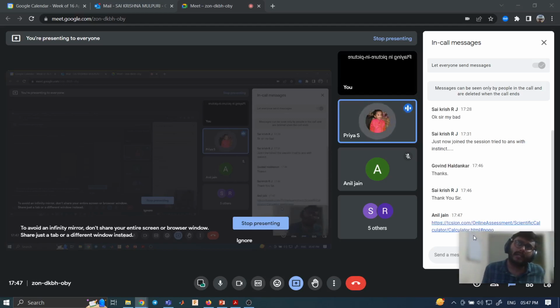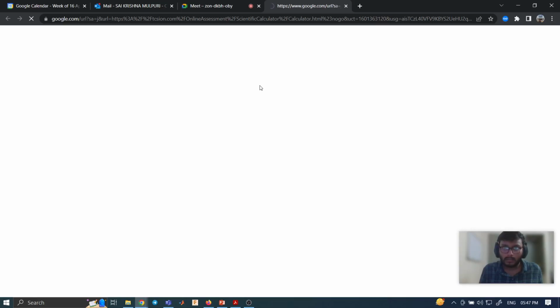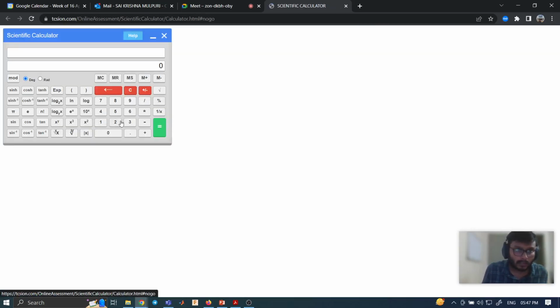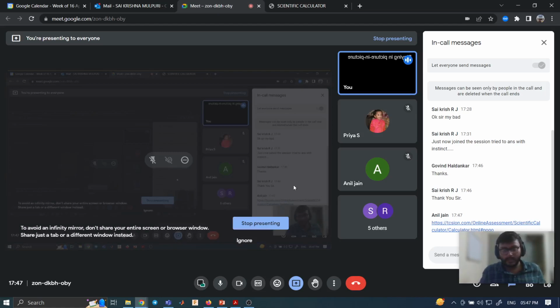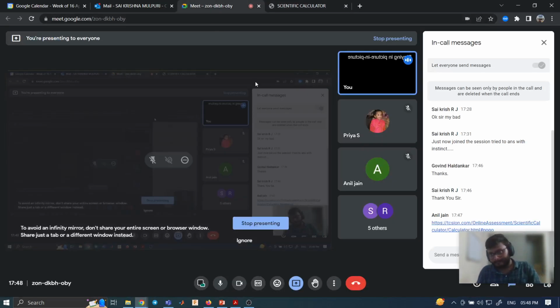Usually in online calculators I don't think the polar form would be there. I think you have to do it by calculation: square root of a squared plus b squared, and tan inverse. I don't see any polar to rectangular conversion here, so this won't work for it.